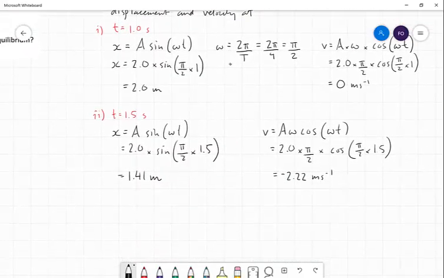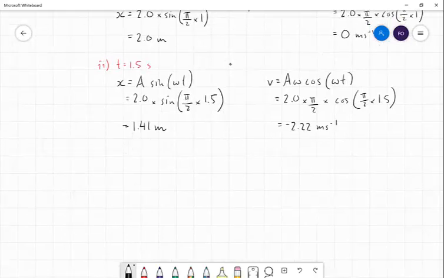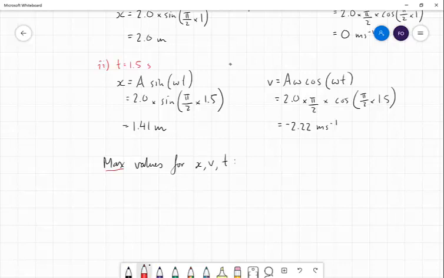Okay, so the last thing that I'm going to do, in fact not quite the last thing, is to just explain the max values for x, v, t. So to find x max, well, in fact, actually, we don't even need to find that.